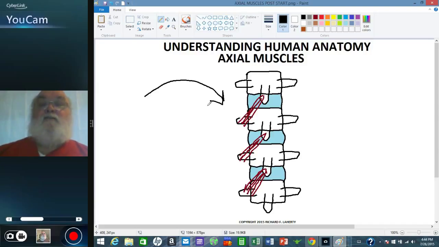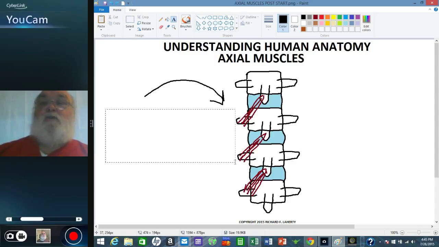The spines of the vertebra will be pulled closer to the transverse process at the origin of the muscle. And because of that, the front of the vertebra will turn the other way.